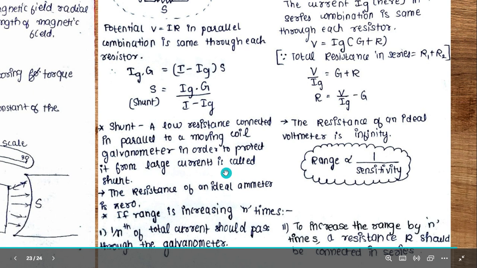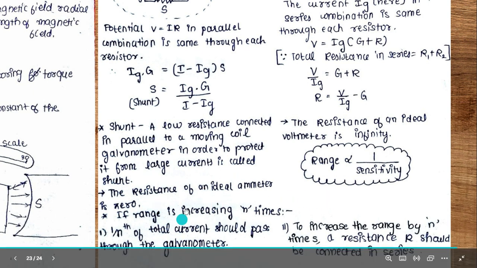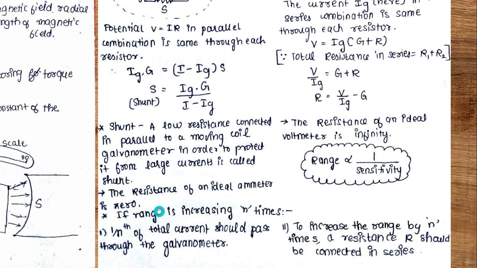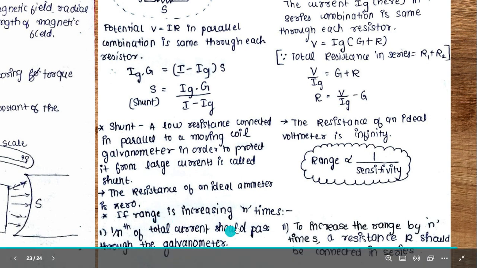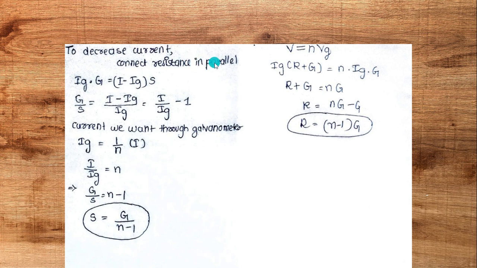So now let's see, if the range is increasing n times, then what will happen in the case of ammeter and voltmeter? First is the case of ammeter. 1/nth of the total current should pass through the galvanometer in case of ammeter. So what will we do to decrease the current? Connect resistance in parallel.